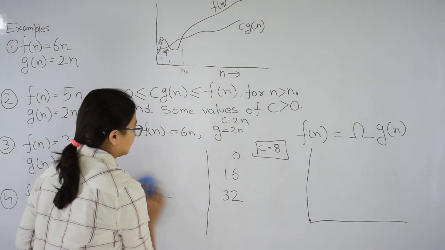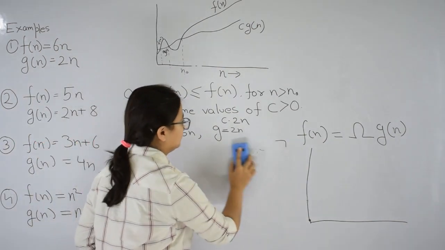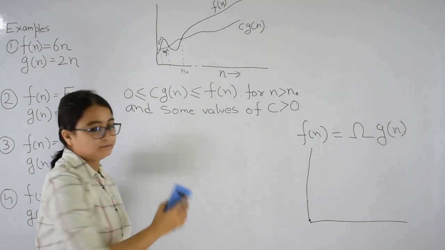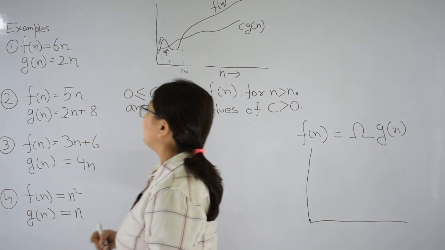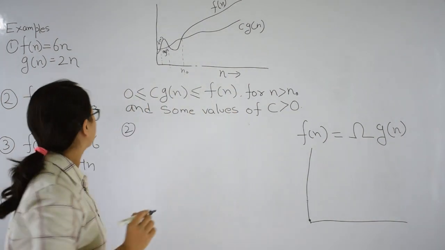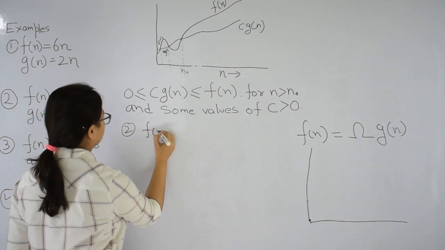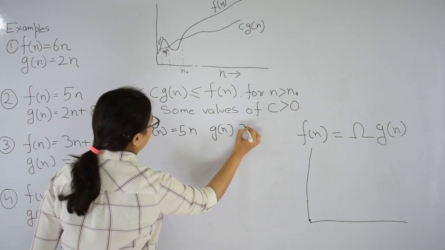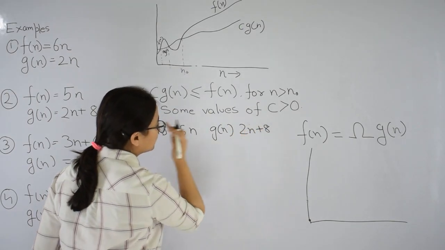Now let me take another example. Example 2, fn is equal to 5n and gn is equal to 2n plus 8. So what do I need to prove?